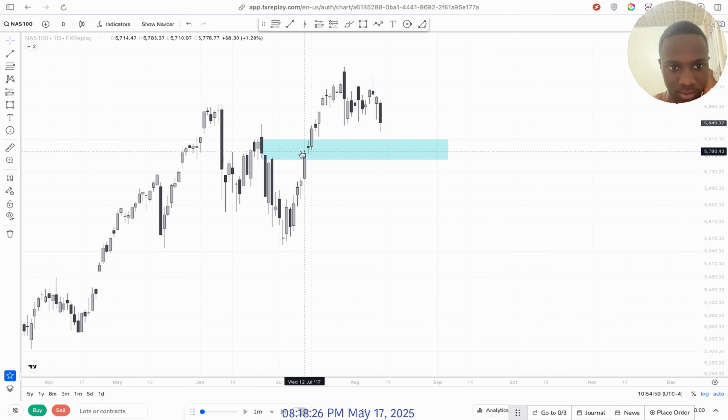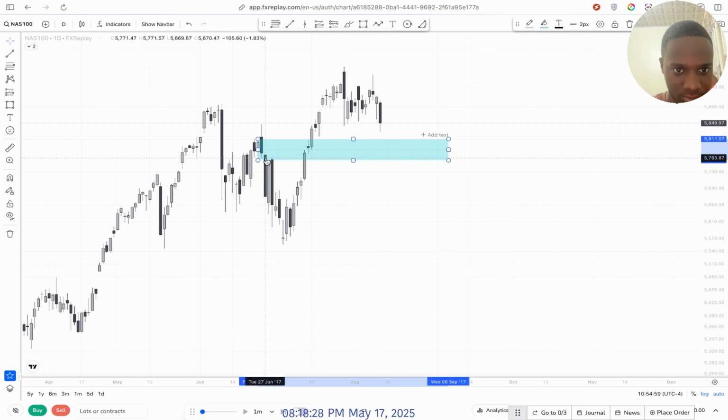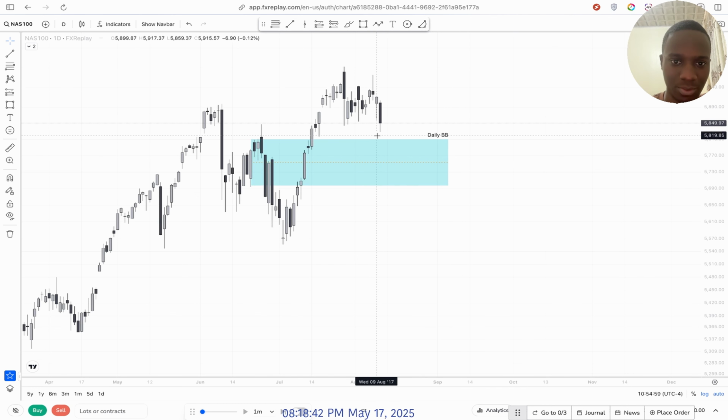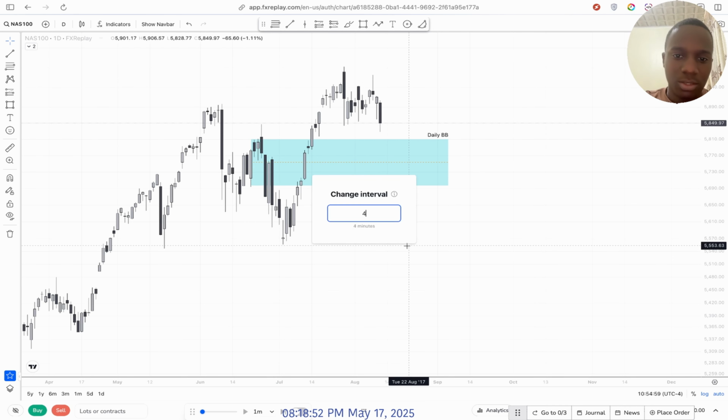Actually, you can mark it until this. So it's a breaker. Daily breaker block. We might anticipate it to drop then push higher, since this breaker block coincides with an inverse fair value gap. This is on the daily time frame, so let's go to the 4-hour.